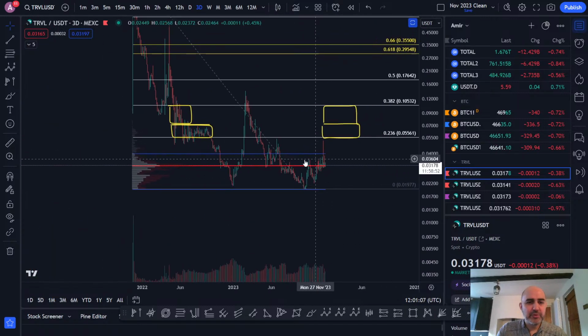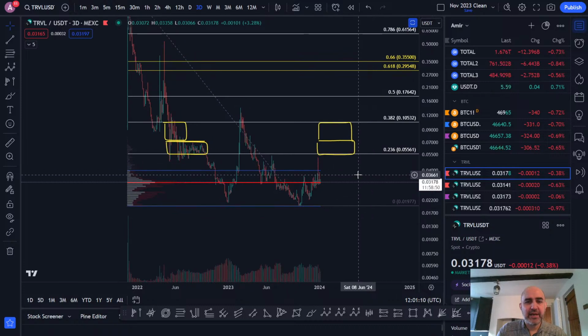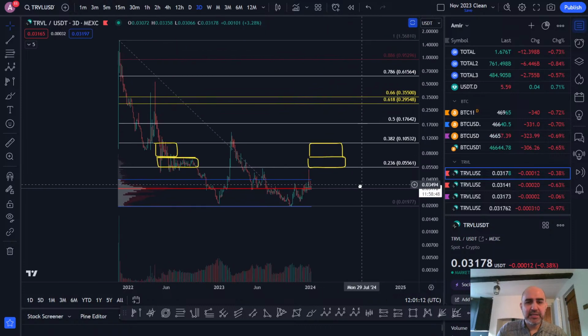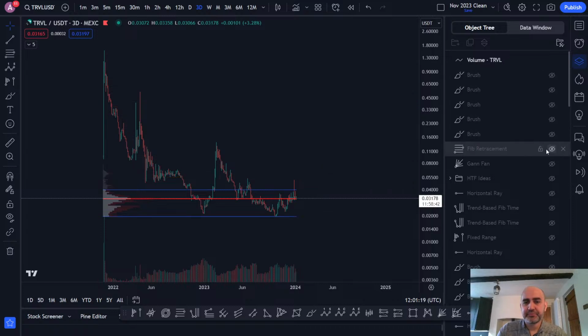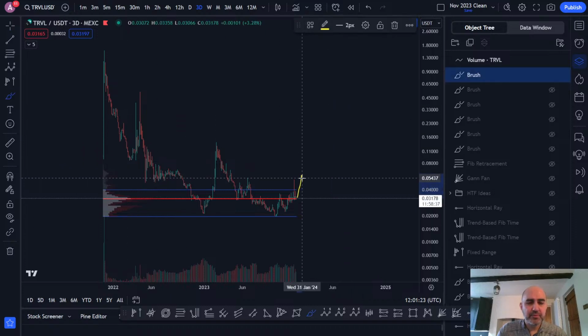So we're just putting in volume at this level right now, but eventually, and I've said this before, I'll say it again, the price will move up somehow.